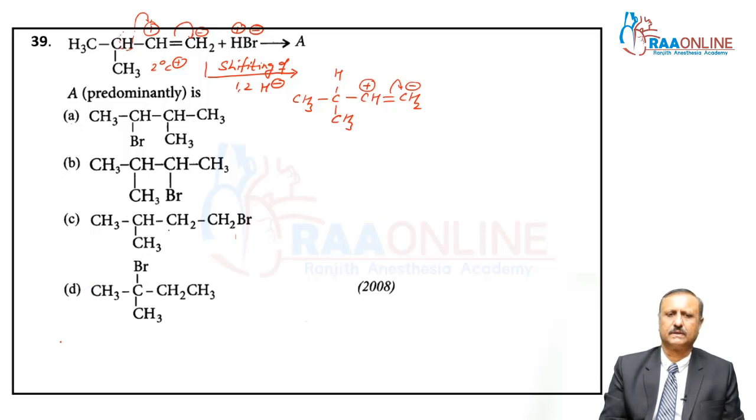Now, my dear students, this carbon atom is a secondary carbon atom. A secondary carbocation is present, so this hydride ion shifts to this carbocation, and this type of shifting, from 1 carbon to 2 carbon, is called 1,2 hydride ion shifting.